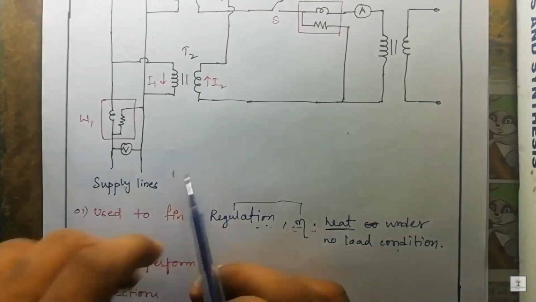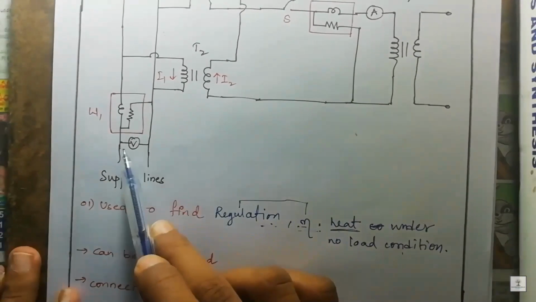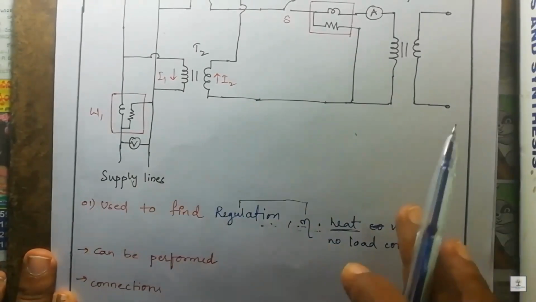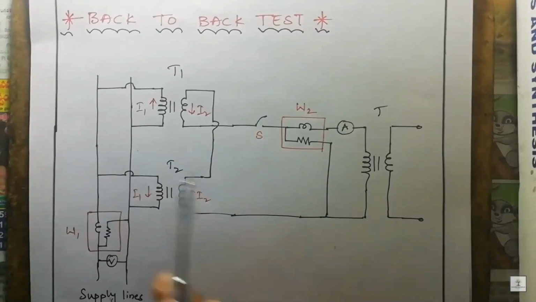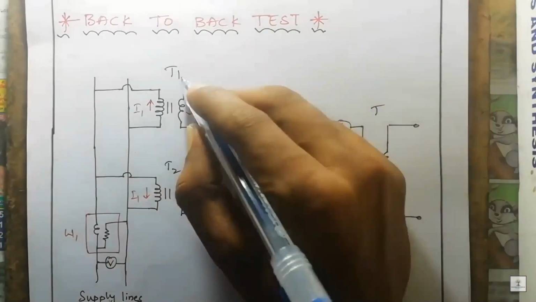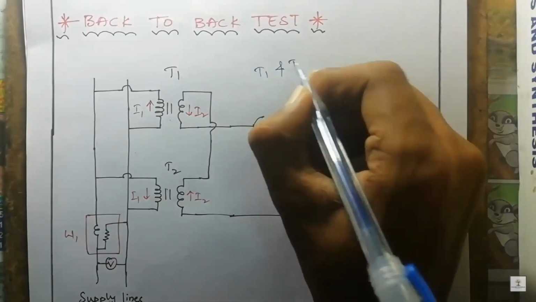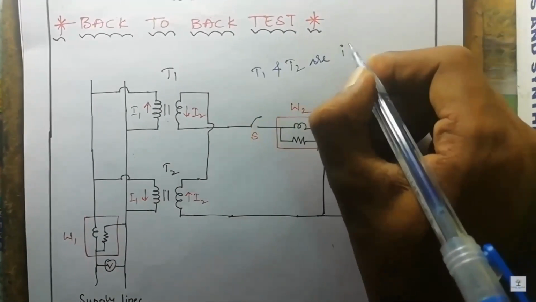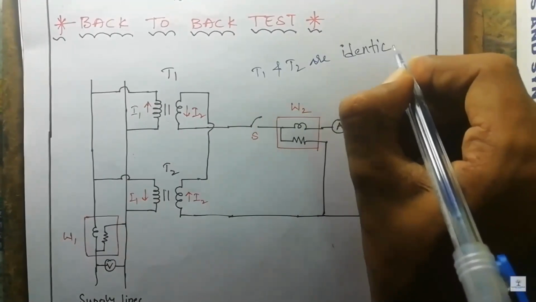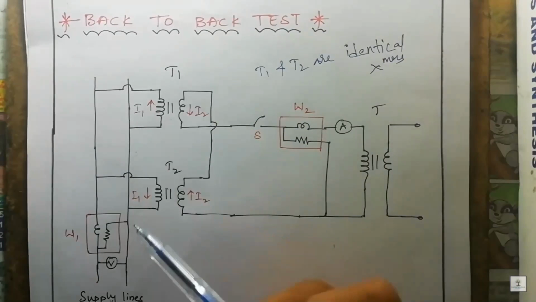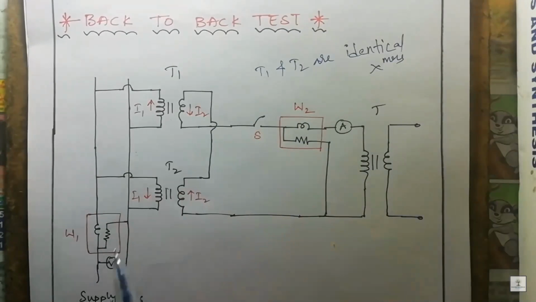These are called supply lines or supply bus bars, and a voltmeter is connected across the supply lines and a wattmeter as well. And this test can be performed only when two identical transformers are available. Here T1 and T2 are identical transformers.